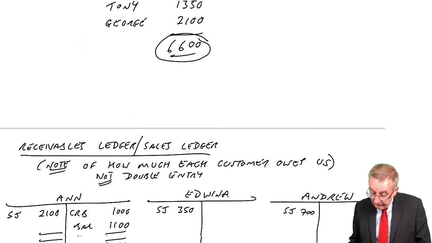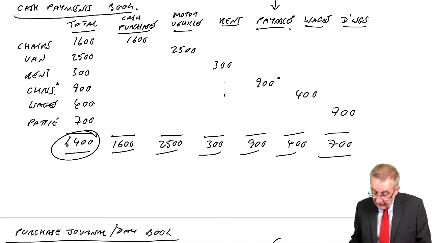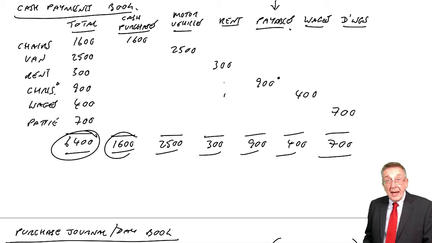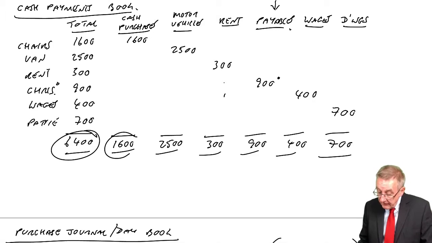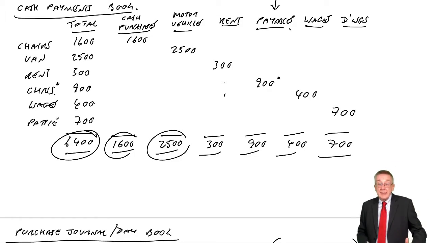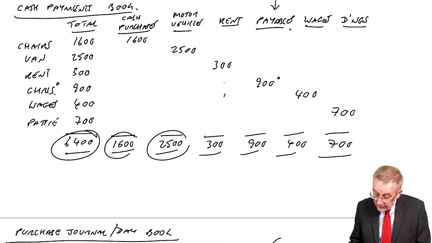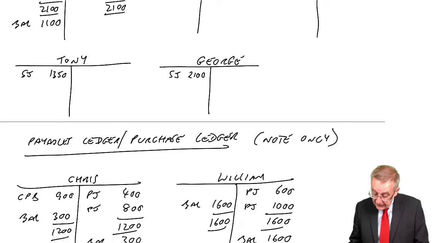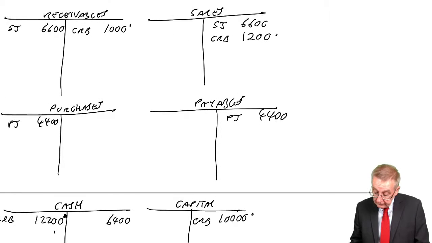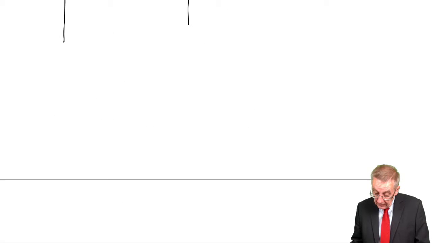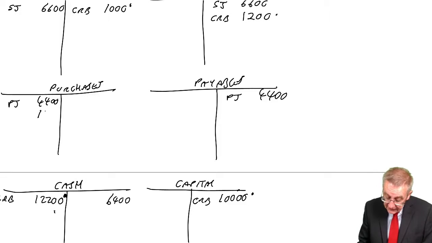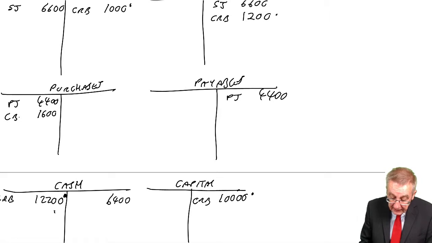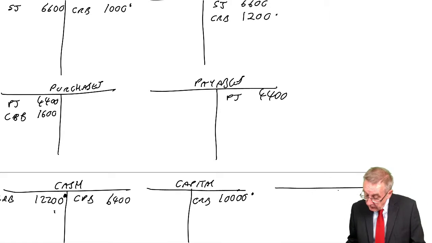For cash payments, 1,600 was cash purchases, debit purchases. 2,500 was motor vehicles, debit motor vehicles. So 1,600 purchases. I've got a purchases account, 1,600. I'll write against it CPB, for cash payments book. And the van was 2,500, or motor vehicles, sorry.